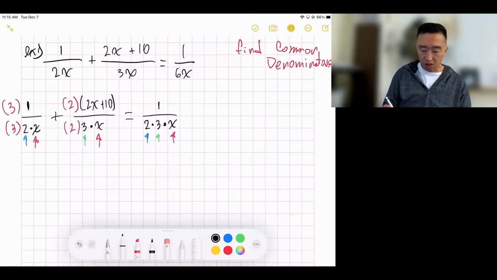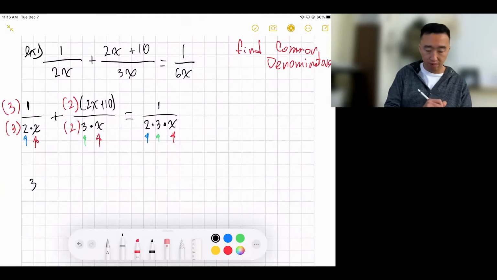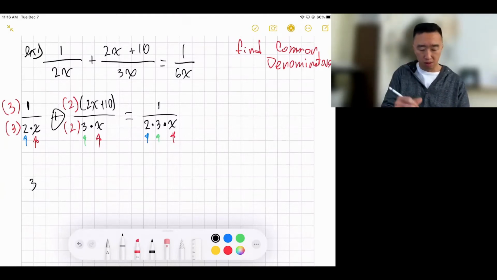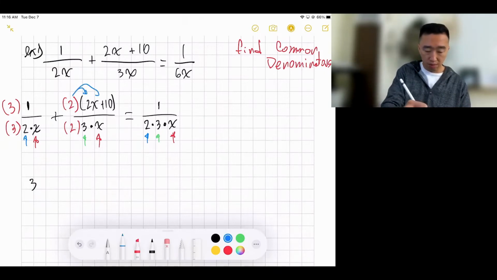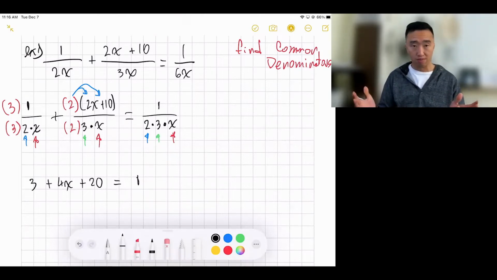So then now you're going with, okay, over here I got a 3. Over here, and because it's a plus, which is very important, later on we'll talk about the negative, it's just going to be a distribution, which is plus 4x plus 20 equals 2. And remember, I didn't change anything about that, so I'm just going to give it a 1.